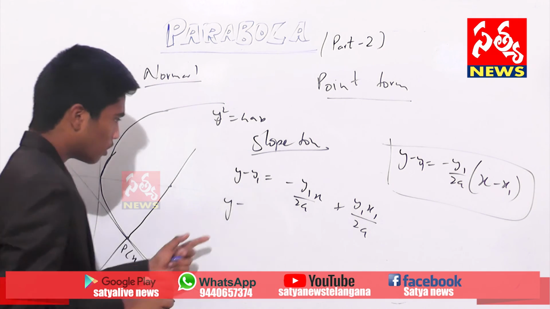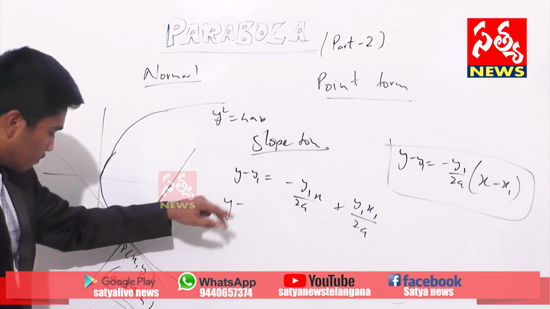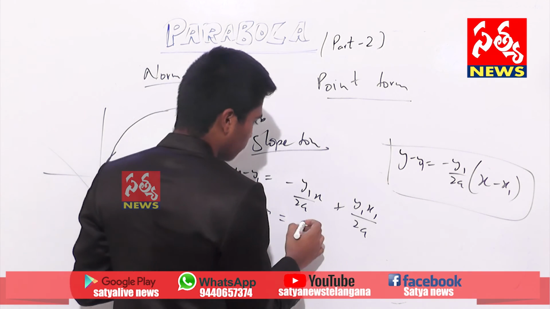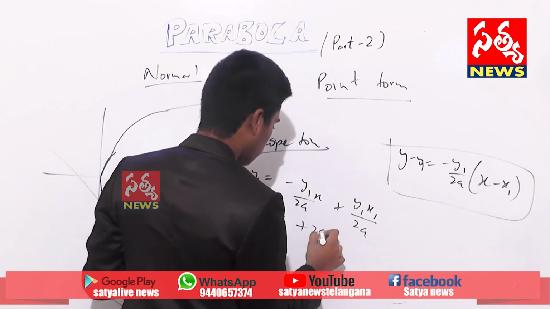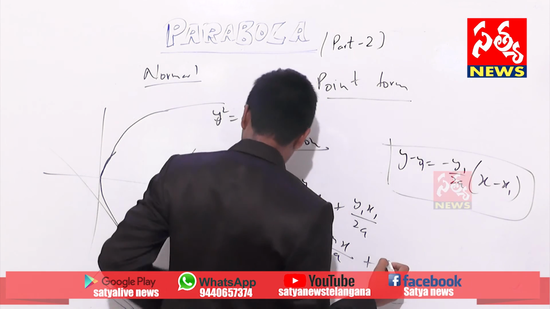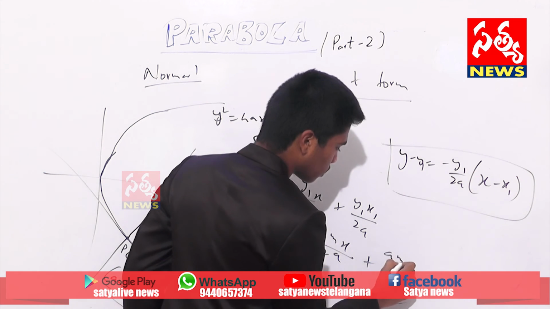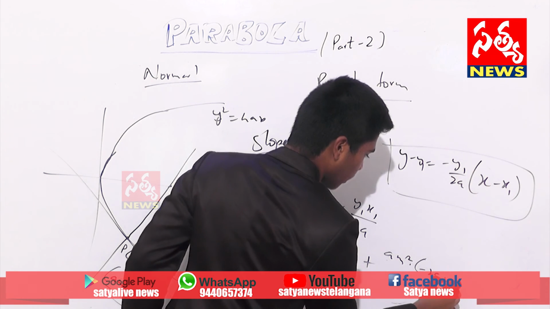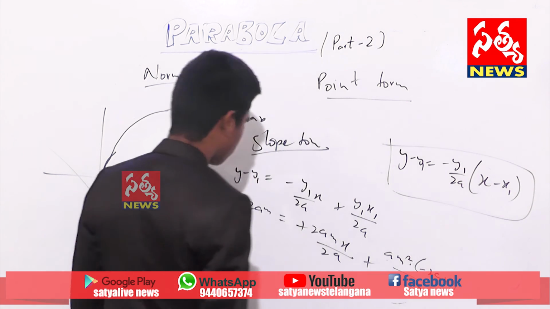y minus, what is the value? y1 as minus 2am. So, is equals to minus y1, which is 2am, x by 2a plus here am square into minus 2am by 2a.